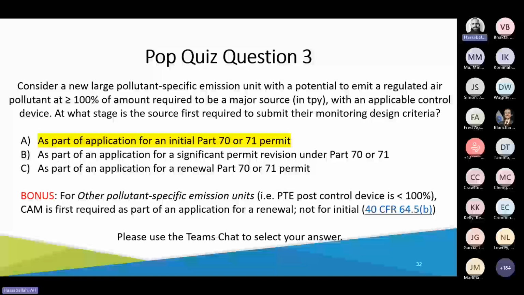Now, if it's an other pollutant-specific emission unit, that is to say, if the post-control emissions are less than 100% of the threshold, then the first time you are required to consider CAM is not part of the initial application, rather it is part of the renewal process. So you would issue your first permit, and then when it's time to renew the operating permit, that's when you would consider CAM.